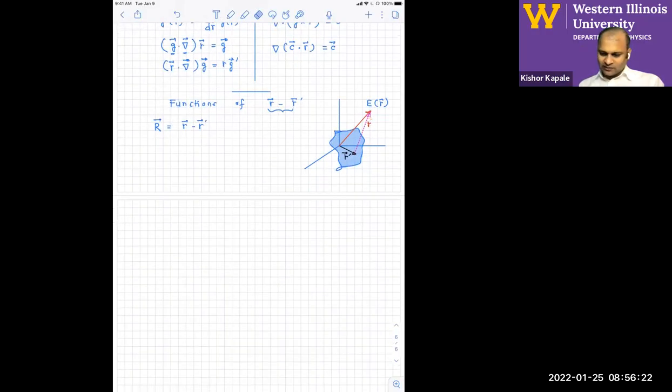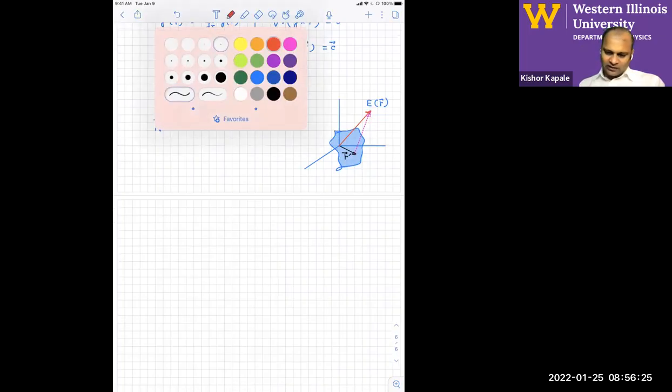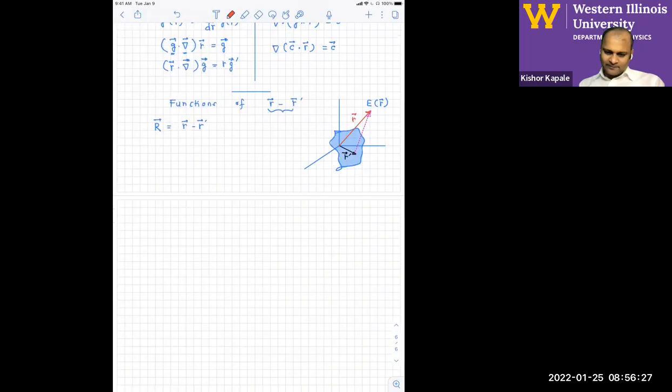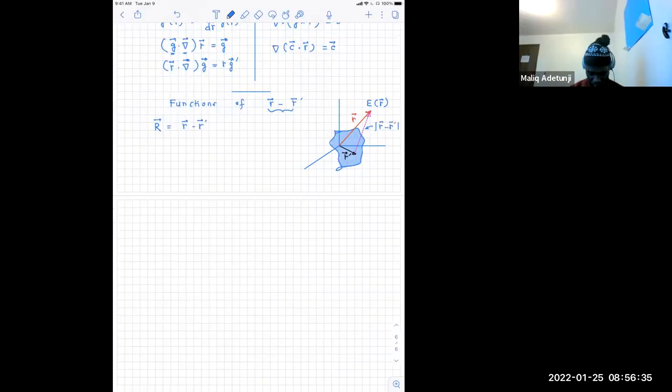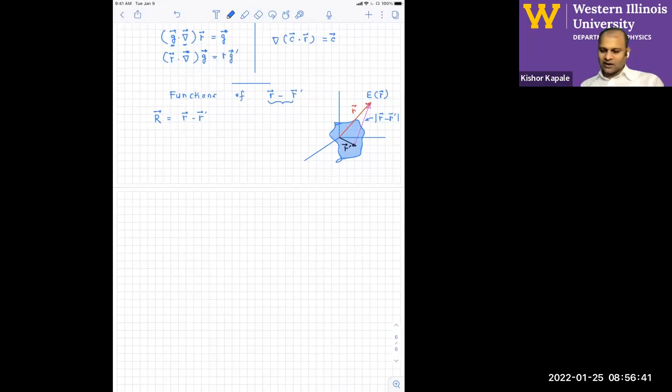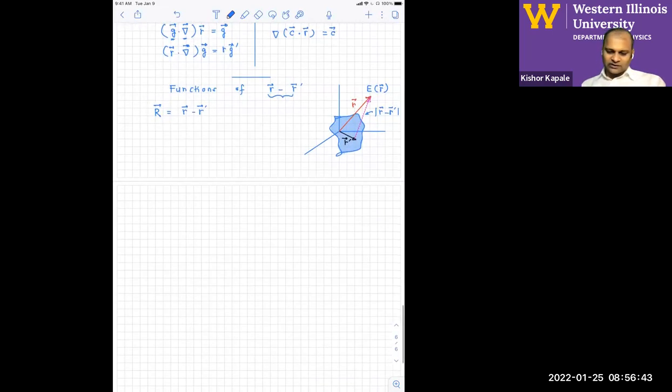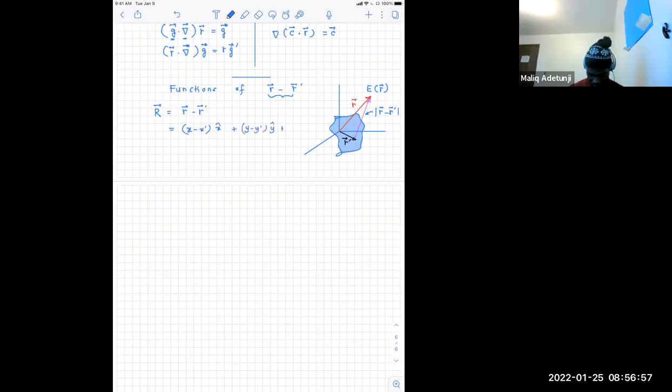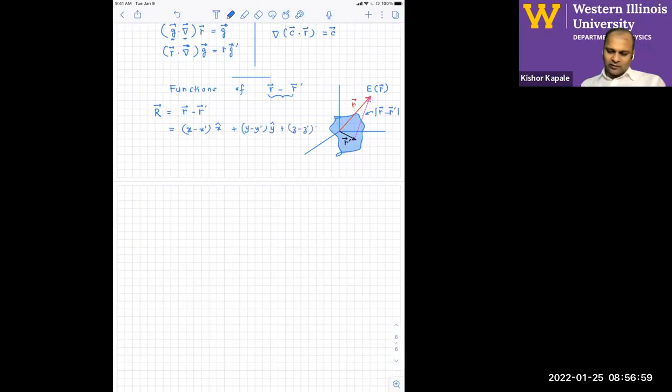That is what is important. And so I'm going to now remove this R here. R goes there, and this vector here is going to be R minus R prime. It's this R minus R prime that's the crucial quantity in electrostatics, magnetostatics, whenever you have sources. And so you need to be able to evaluate functions of these, so you get x hat plus (y minus y prime) y hat plus (z minus z prime) z hat.